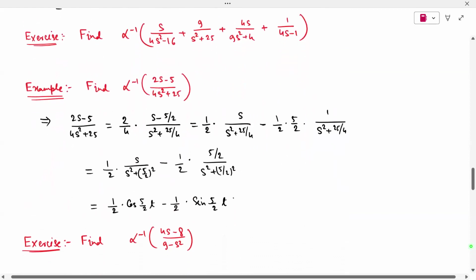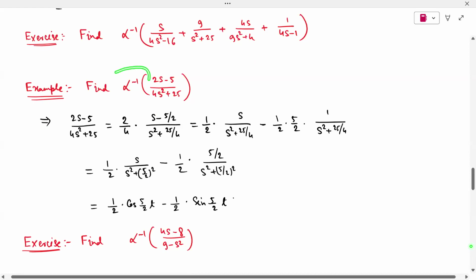There is another example, a little different. L inverse of 2s minus 5 by 4s square plus 25. First we break this. All the formulas involve s and s square with no coefficients, so we want to remove those coefficients.